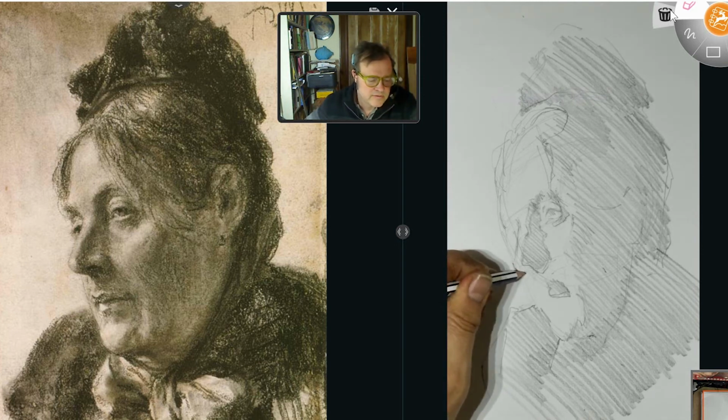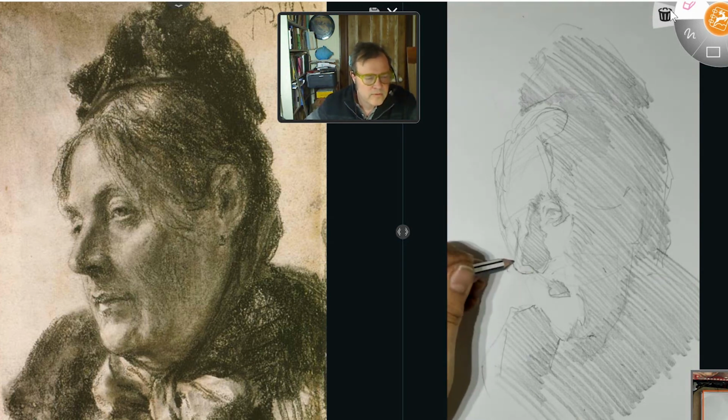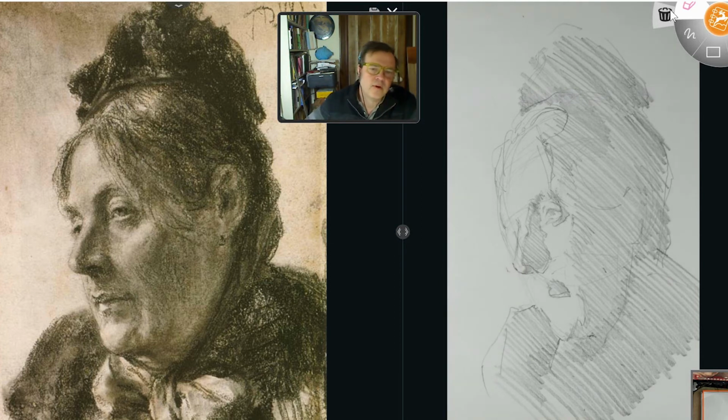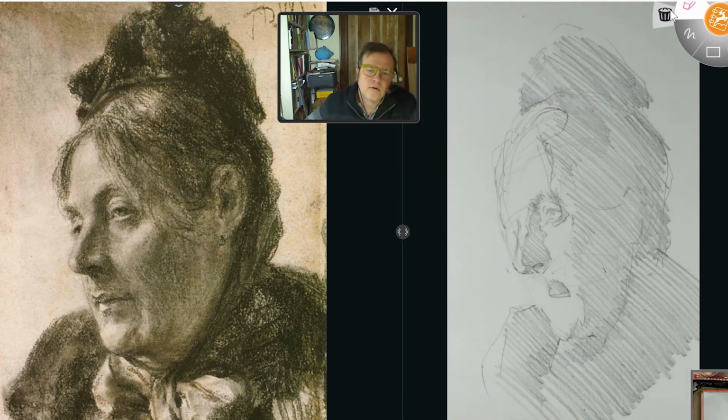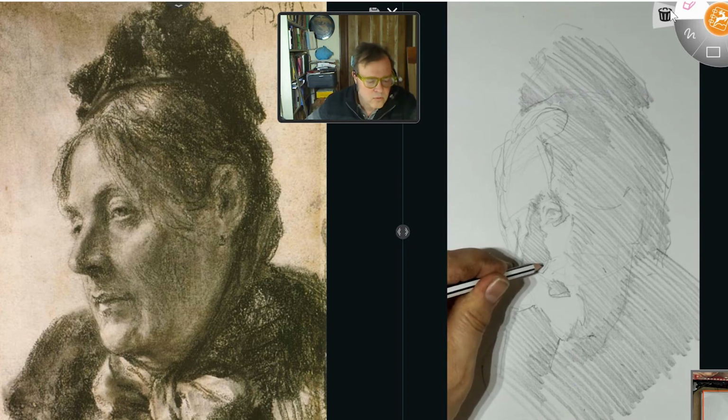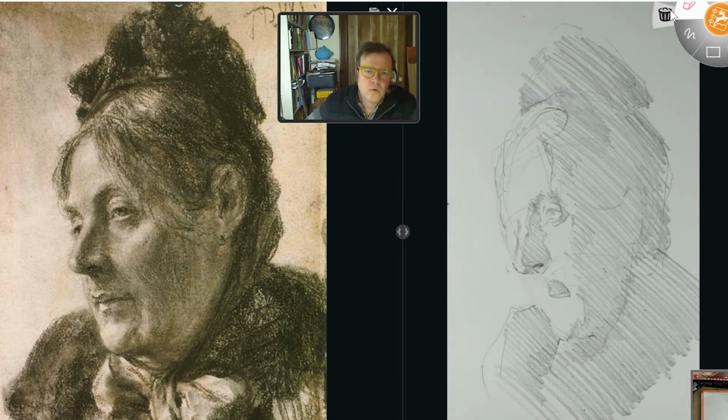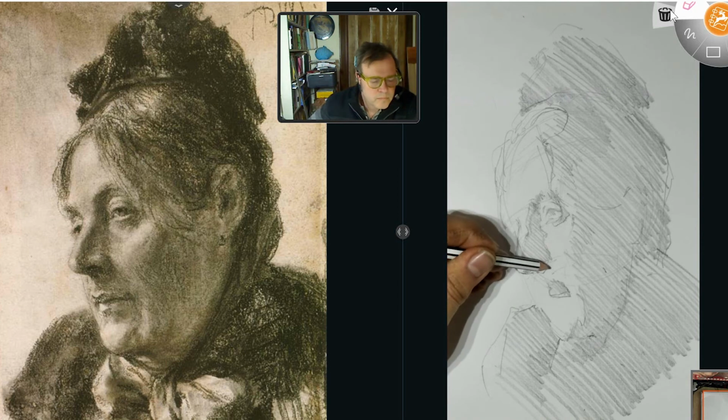That would just flatten it out. So we're coming around. I can do a little more detail on this shadow shape, the way it comes around under the tip of the nose. Can finally pop that nostril in. Indicate sort of the back of the ala.